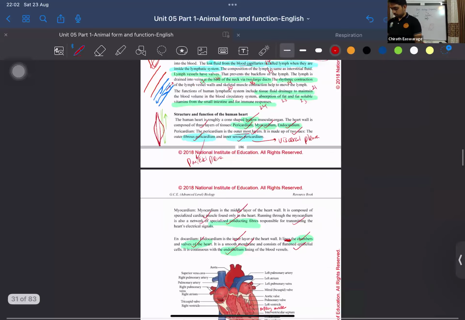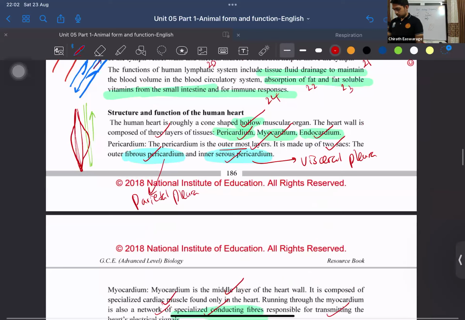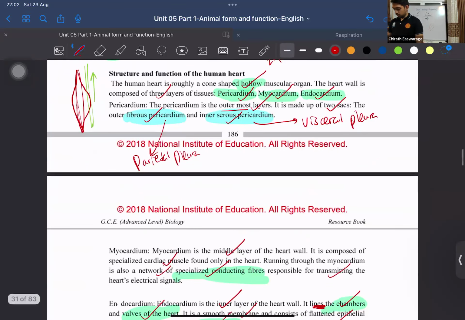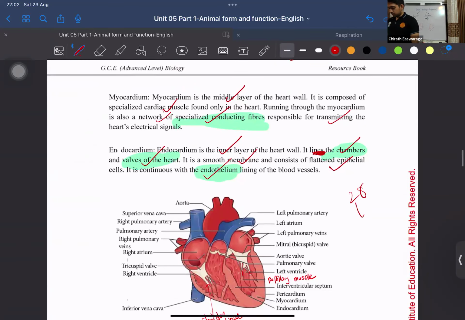Count how many marks. I think 2, 3, 4, 5, 6, 7, 8, 9, 10, 11, 12, 13, 14, 15, 16, 17, 18, 19. Yeah, so 28 plus, let's say, 19. So how many?